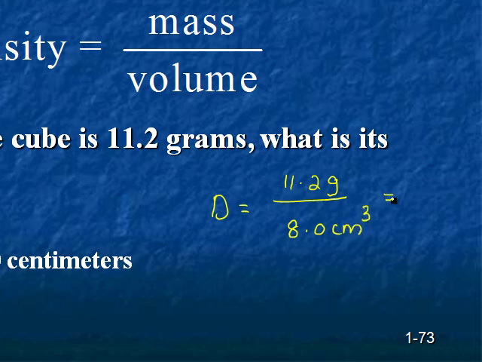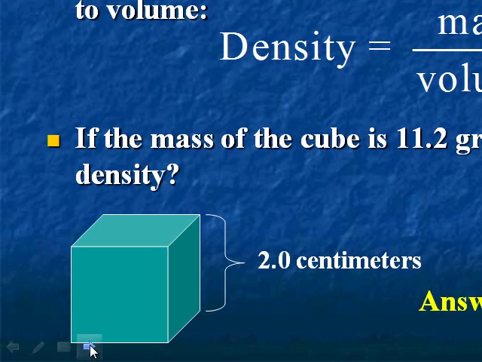So you will get an answer in grams per centimeter cube with the correct units. So what do you get? 1.4 grams per centimeter cubed. Yes, that's your answer. So calculating density, if you know mass and volume, it's just mass by volume.